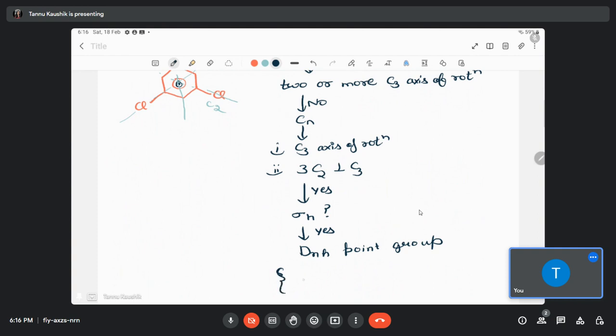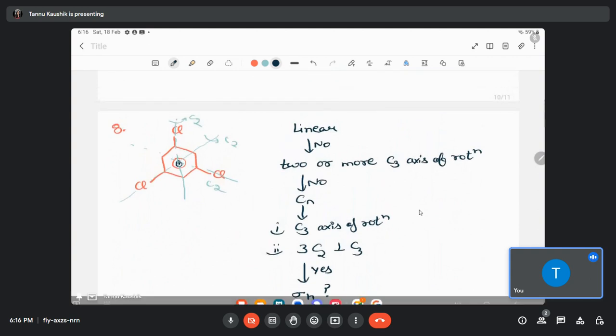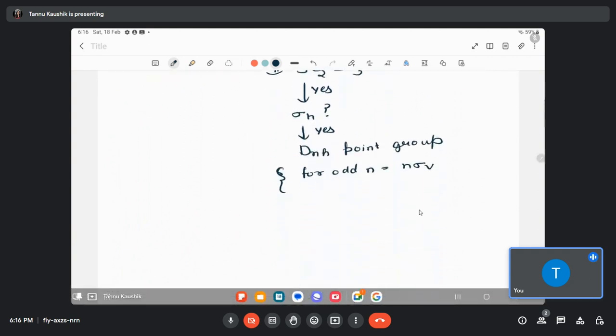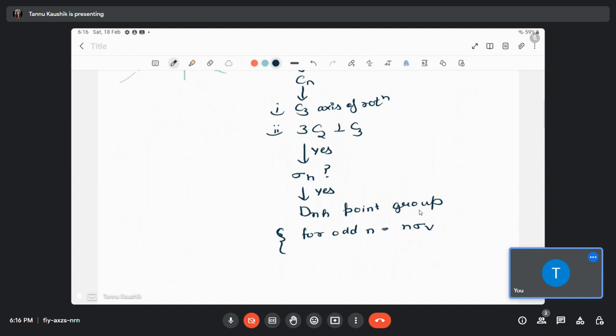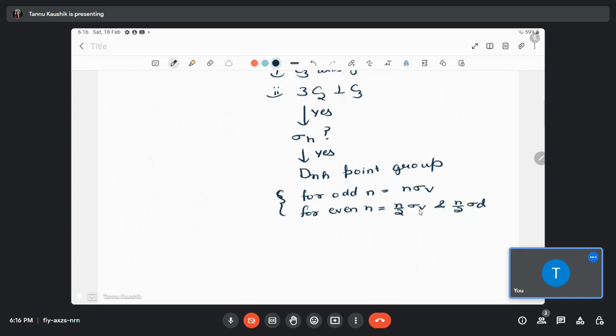And we know for odd n, we have n sigma v. And we have here n is equal to 3 (C3), so we will have 3 sigma v. And for even n, we will have n by 2 sigma v and n by 2 sigma d.